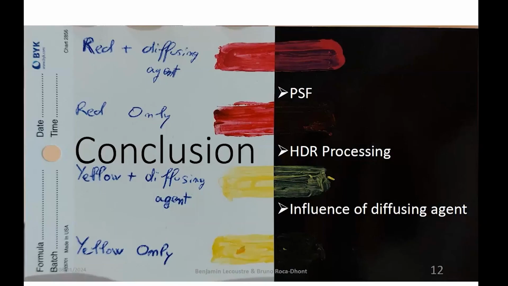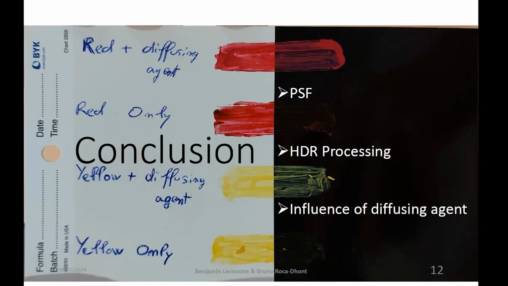To conclude, this project's goal was to define facial skin characteristics using makeup. To do that, we needed a physical principle, the point spread function, or PSF. This concept is based on the response of a material to the light excitation from a single point. During our measurements, we used HDR processing.